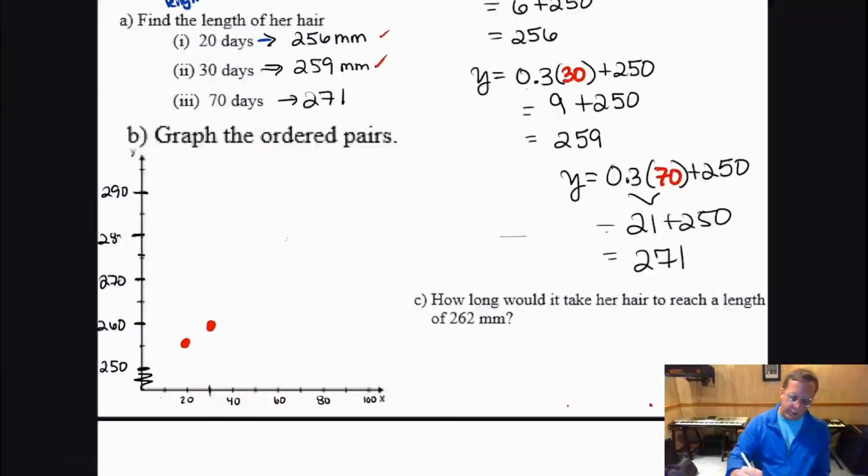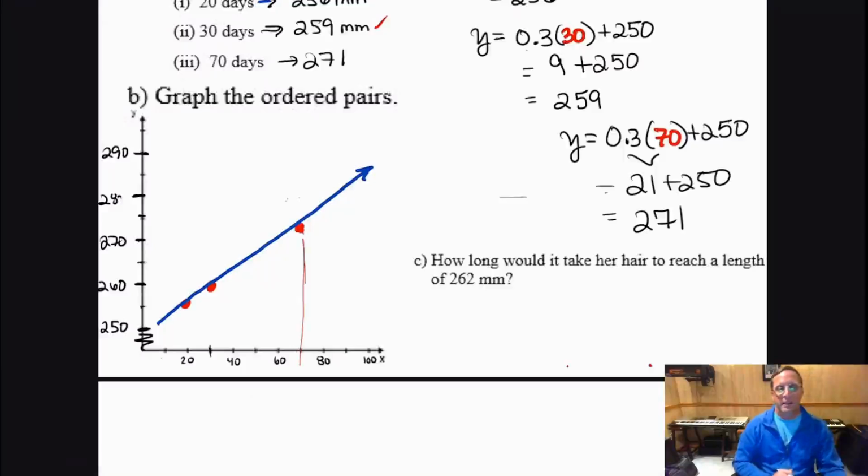And then 70 days will be 271, which is about right there. Of course, it's not perfect because this is hand drawn. I'm not using a computer, obviously, to draw this. But you can see that that's linear. That's a linear progression right there.